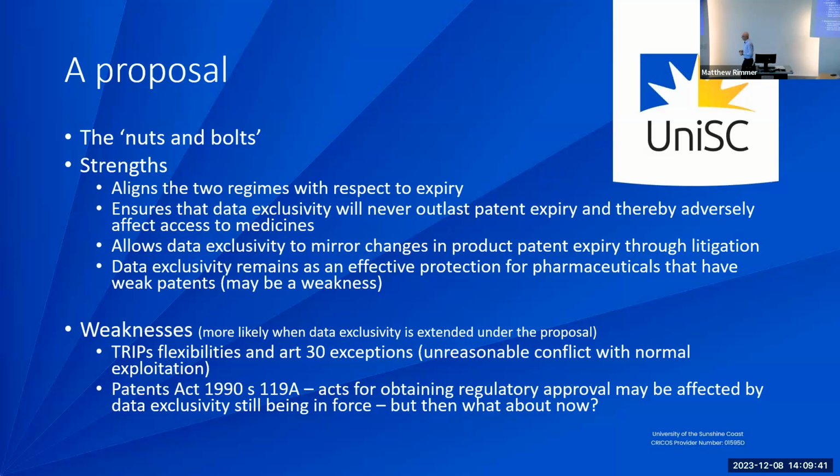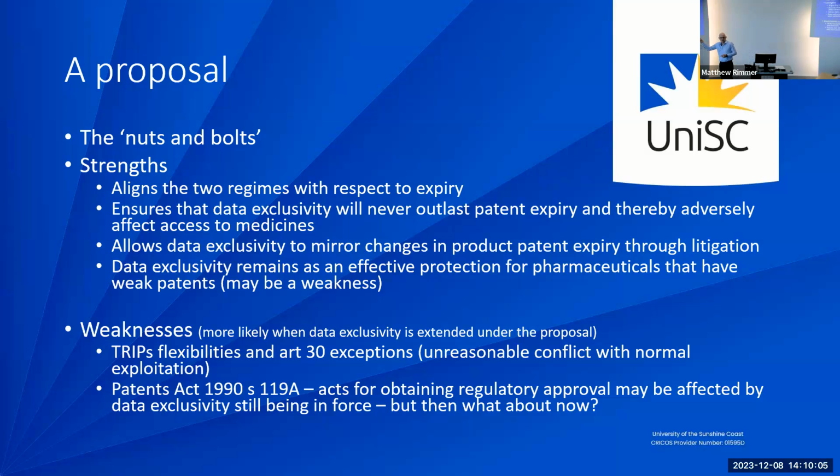We've got some TRIPS flexibilities and Article 30 exceptions, which talks about unreasonable conflict with normal exploitation. It may fall under that category. Hard to define. And also in the Patents Act Section 199A, acts for obtaining regulatory approval may be affected by data exclusivity still being in force.